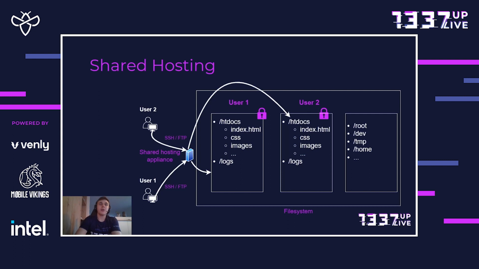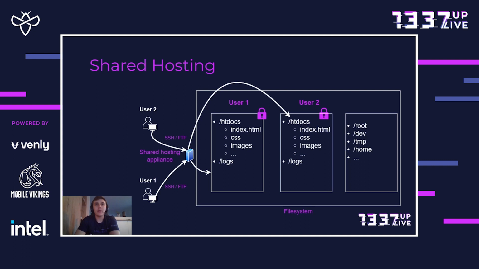Running your application on a shared hosting package also means that the infrastructure behind it is being shared with other users and applications. Here we have a quick overview of how this is being managed by hosting providers. User 1 and user 2 each have their own little file system here that is available on the appliance, which we call a webroot jail, or jail for short.